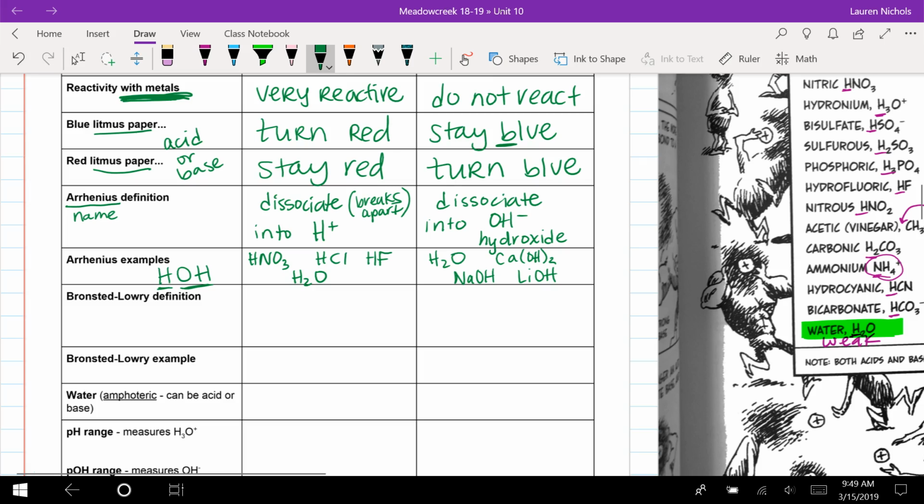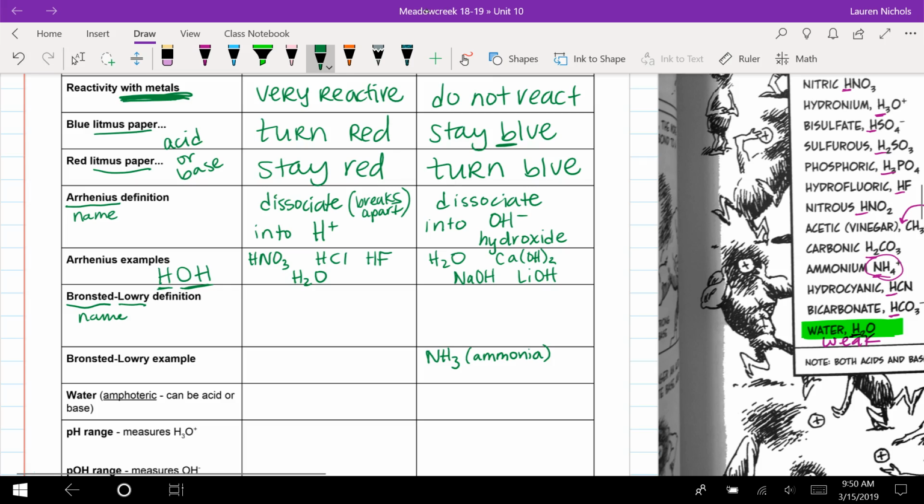Now, this definition worked for a long time, but then two different scientists, Bronsted and Lowry, came up with a new definition. They noticed that there were some substances like ammonia, NH3, that behaved like a base but could not be included in the Arrhenius definition because it did not make OH.